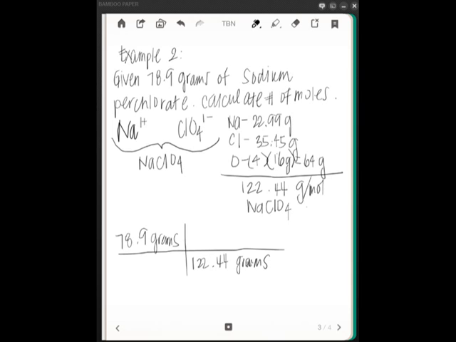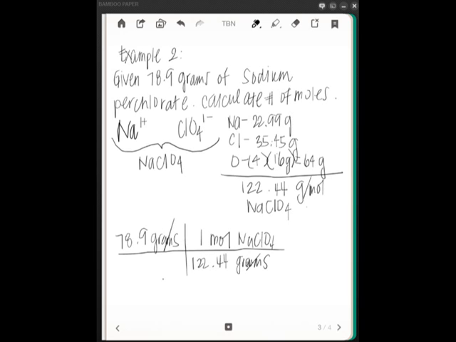That's grams, sorry, bad handwriting. And 1 mole of the NaClO4. Okay, so here you can see that grams cancel out, and you're left with moles of sodium perchlorate.